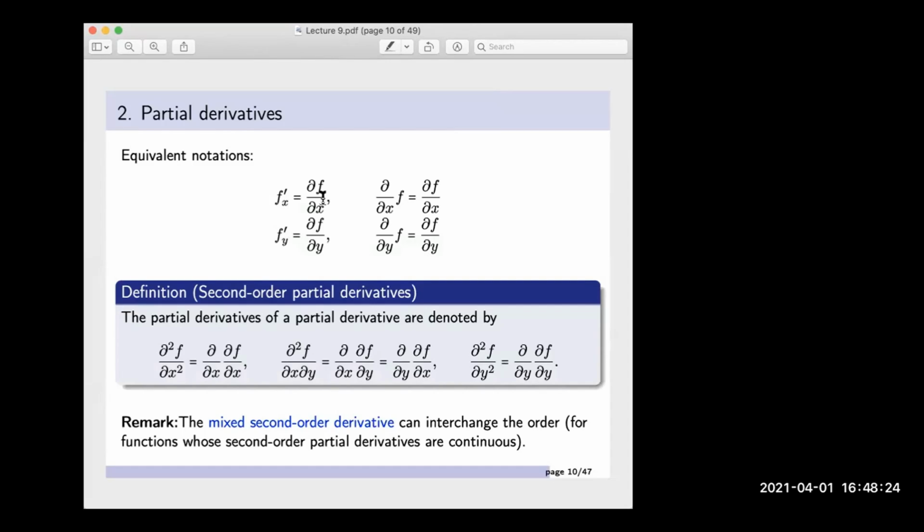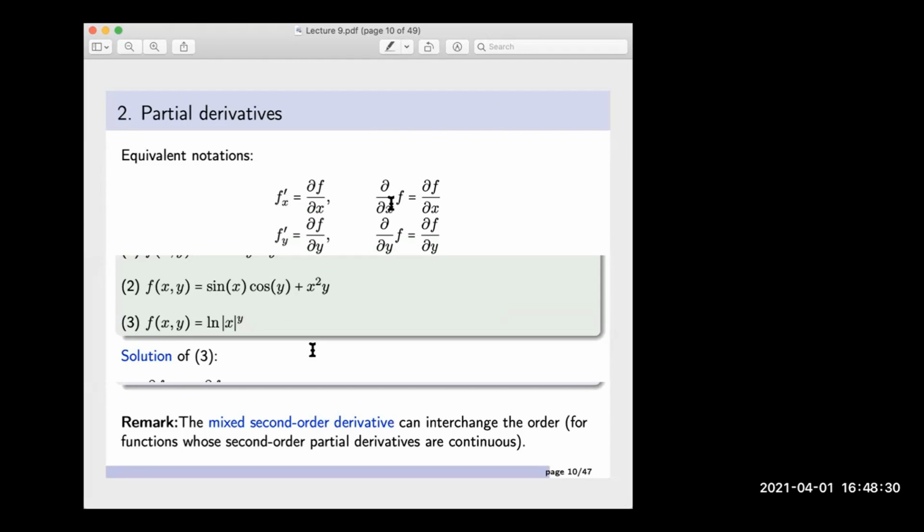Of course, you can also use this symbol to represent an operation such that if you apply this operation to f, you get a partial derivative in x. If you apply this operation to f, you get a partial derivative in y. It's like an operation on f, which yields the partial derivative.